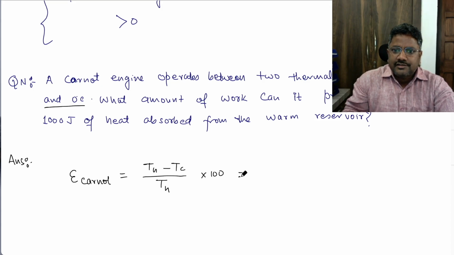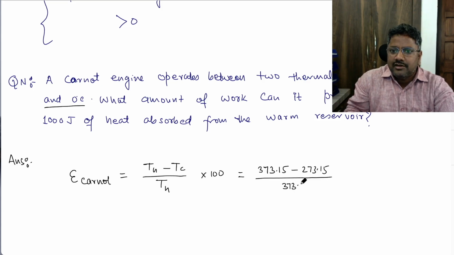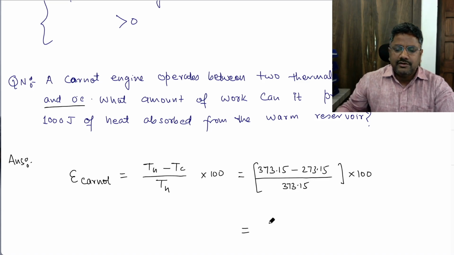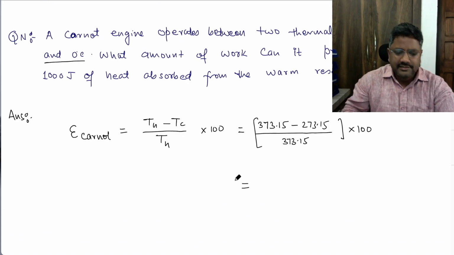So TH is 373.15 minus 273.15 divided by 373.15 into 100. So this is equal to, solve this, and the value is 26.8%.